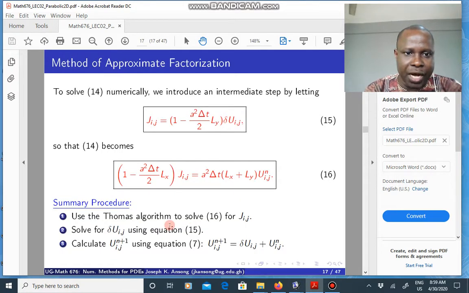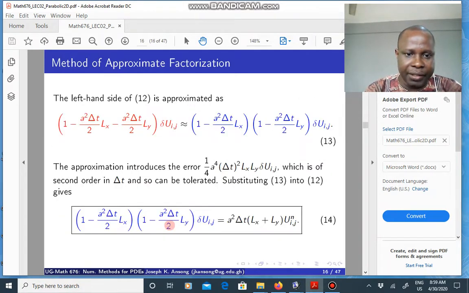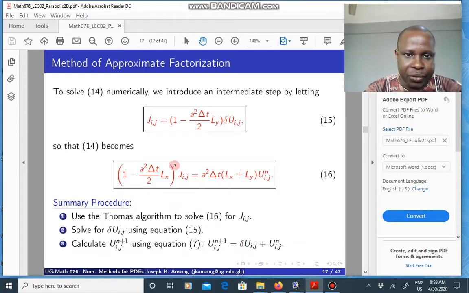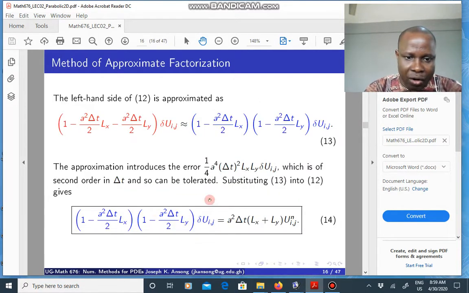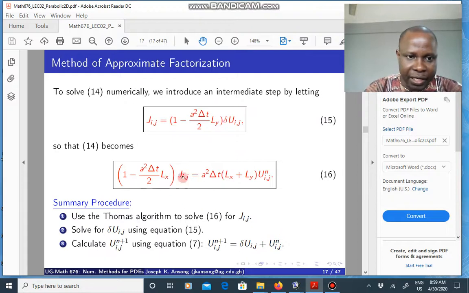You can replace all of this factor here by some j. All of this can be replaced by something. So replace it with jij, okay, which means that equation 14 now reduces. All of this is now jij, and then you operate it on this. You operate this on this to be equal to the left hand side, and that gives you equation 16.